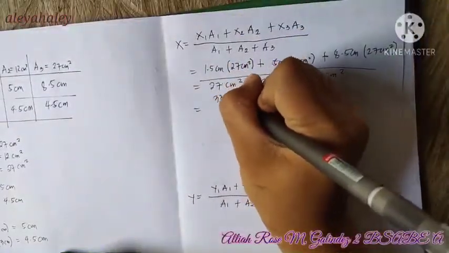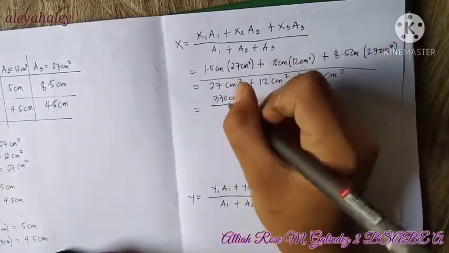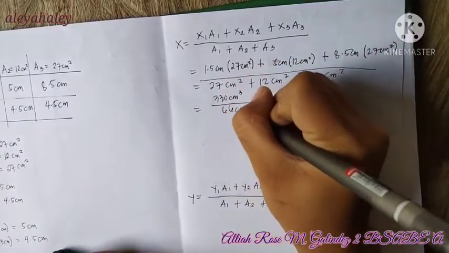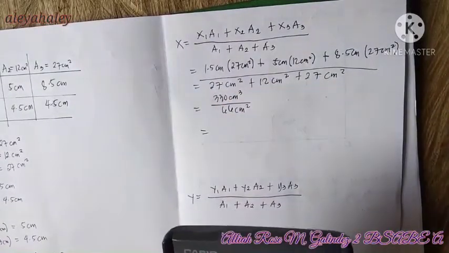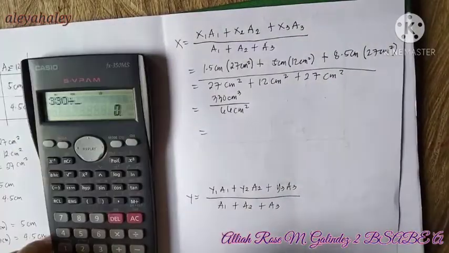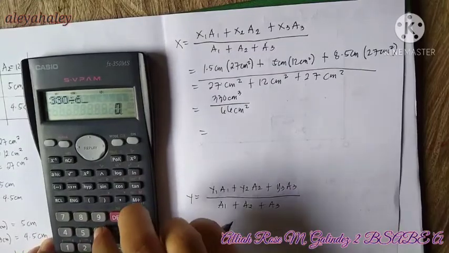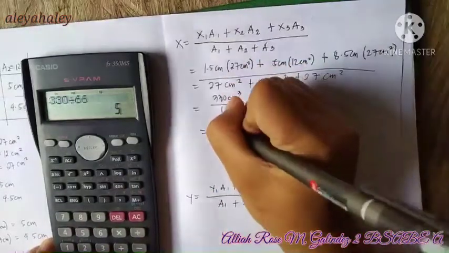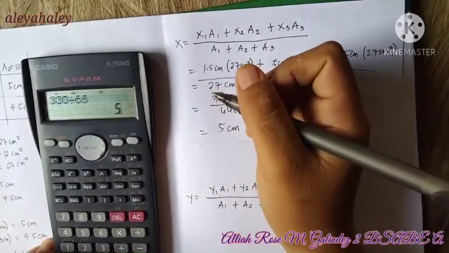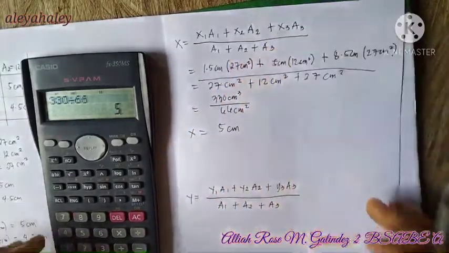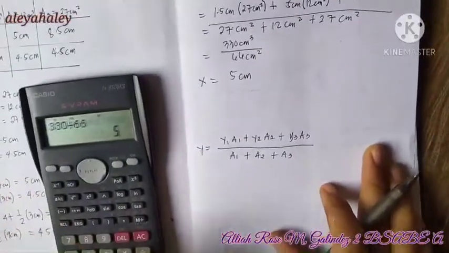Have this, so 330 centimeters cubed over 66 centimeters squared. 330 divided by 66 is 5 centimeters. Next we have y1.